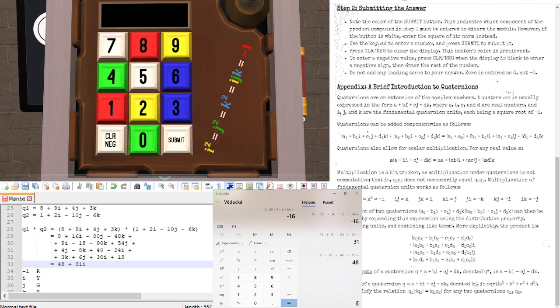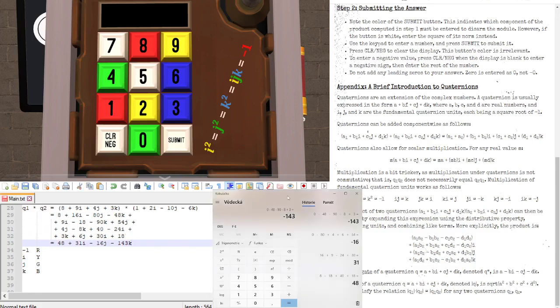But the order of the addition actually doesn't matter here. So we have minus 16 j's. For k's, we have minus 48 k's, then minus 90 k's, then minus 8, and then plus 3. So we have minus 143 k's. And this is our final product of quaternions q1 times q2 in this order.